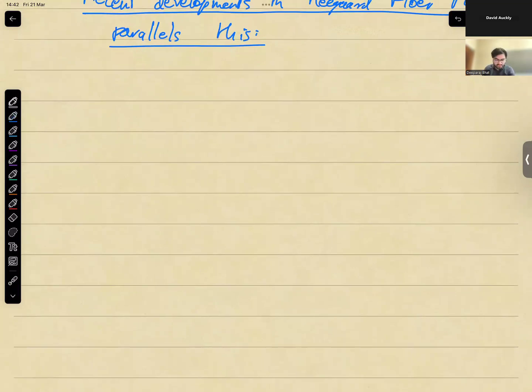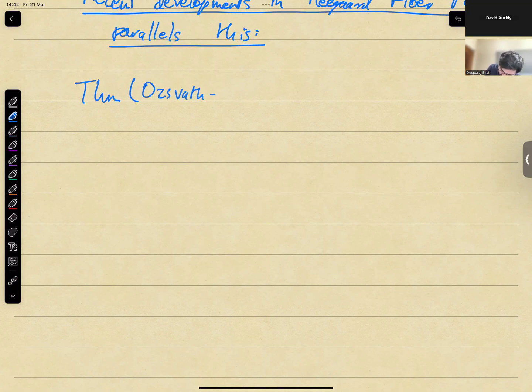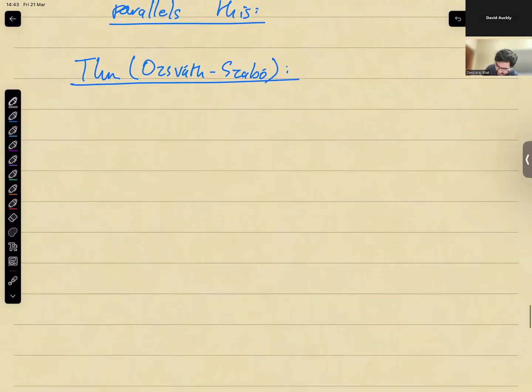So I want to recall first some known results in Heegaard-Floer theory that are somewhat similar to this. This is due to Ozsváth and Szabó.